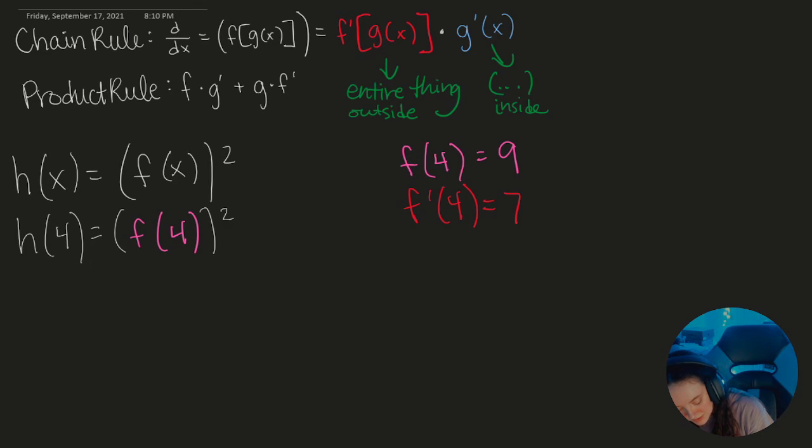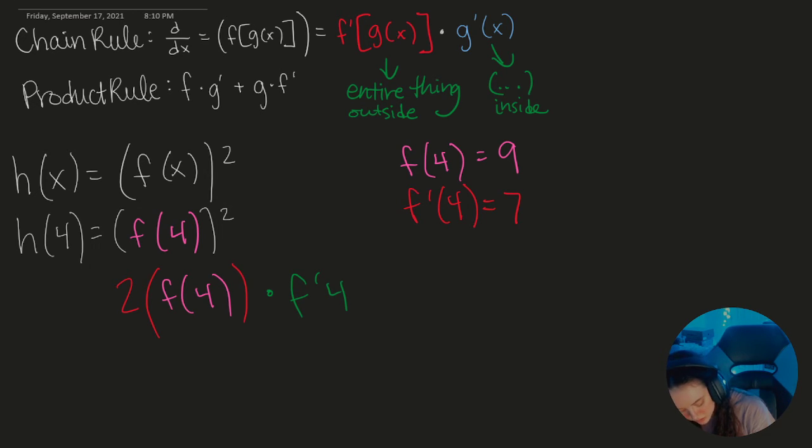And this would end up being, we would do the outside. So 2 times f of 4 times f prime of 4.